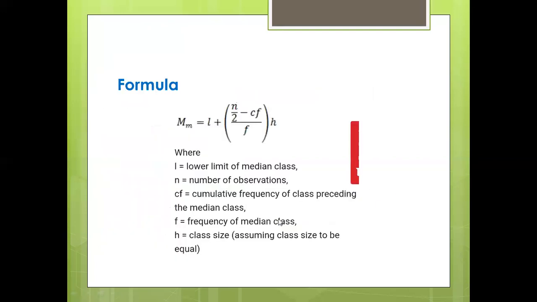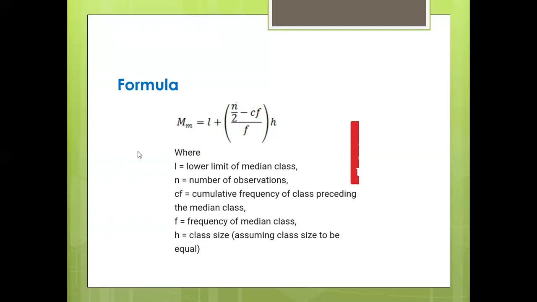Next, this is the formula for grouped data. Grouped data means class interval with frequency. For that data, we use this formula, which is median is equal to L plus N by 2 minus CF divided by F into H. Here there are a lot of concepts, that is L, N, CF, F and H. But what are they?